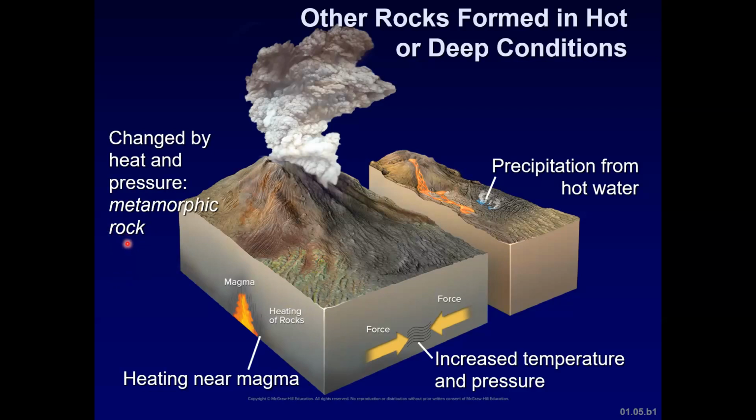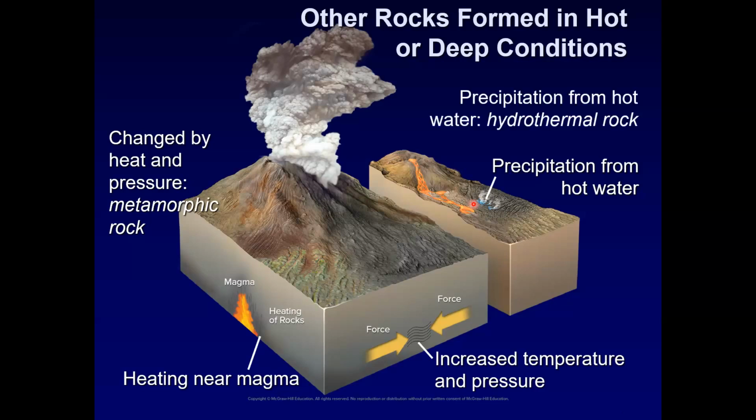If a rock is precipitated or forms out of hot water, a solution of hot water becomes supersaturated and the minerals recrystallize from that hot water, we call that a hydrothermal rock. So the four major rock types that we're discussing in this class are sedimentary, igneous, metamorphic, and hydrothermal. We'll give it the fourth category. Usually you only hear the first three.